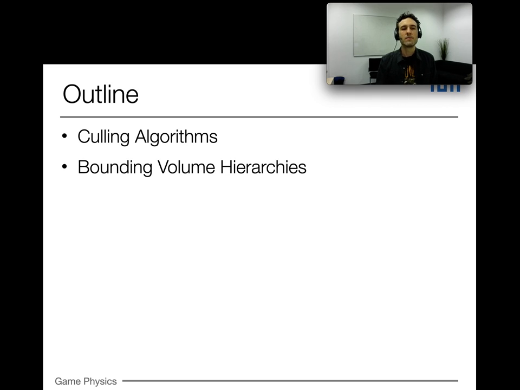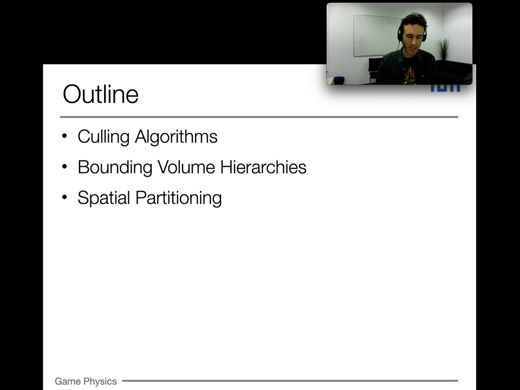Then, a variant of that, but because it's a larger topic as a separate one, I want to talk about bounding volumes and then also how to work with them in terms of hierarchies. So this is going to be the second, potentially largest chapter. And then we have a third one on spatial partitioning, which is related as you see, but there are actually some interesting differences in there.